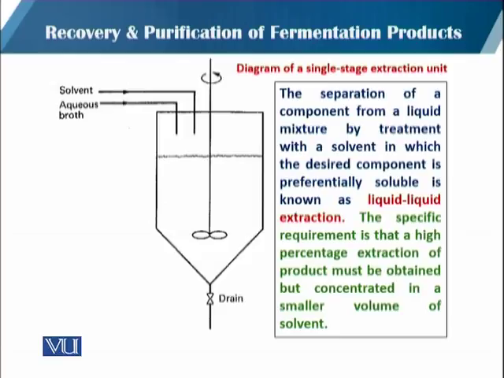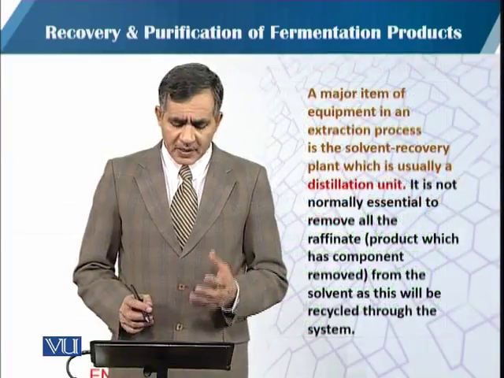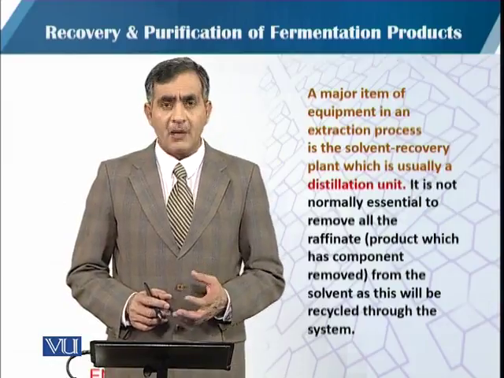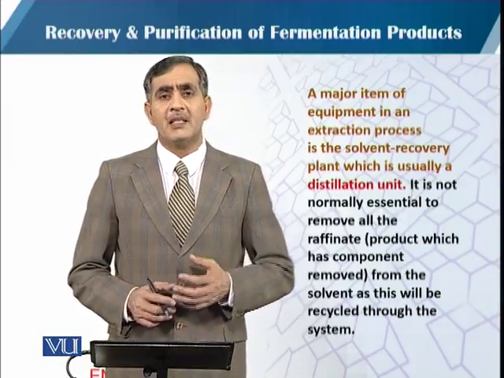As you can see in this diagram, there is a single-stage extraction unit with different liquid phases and a solvent. Apart from centrifugation, by these chemical methods we can separate the filtered fermented broth into two phases, an organic phase and an inorganic phase. The major item of equipment in the extraction process is the solvent recovery plant, which is usually a distillation unit.